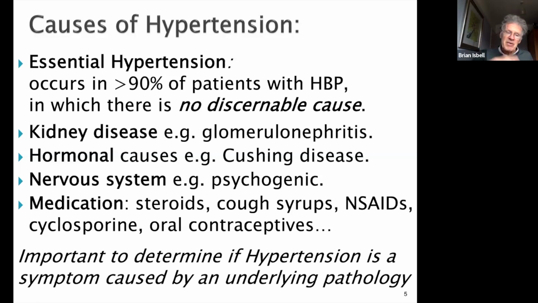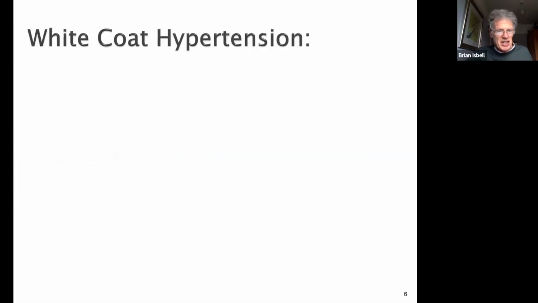Now, linking with the nervous system is the recognition of what's called white coat hypertension. And you may have heard of similar studies which are carried out with placebo. That is, where you don't have the active ingredient, but the effect is purely because of the nature of the intervention.